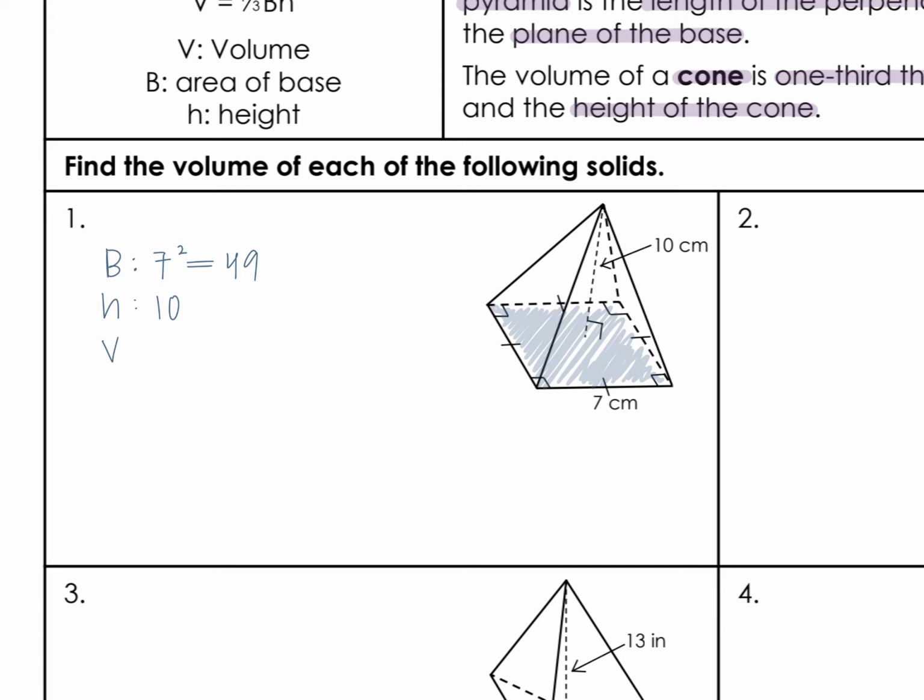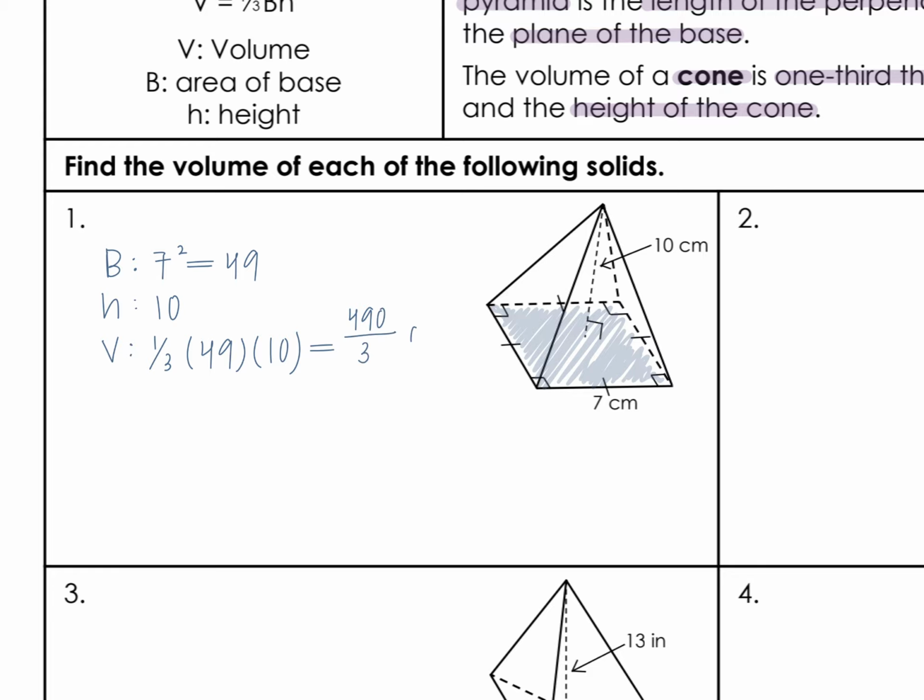So when I plug in to find the volume, I'm going to have 1/3 of my area of the base, 49, times my height of 10, which 49 times 10 is going to give me 490. And then we're just going to leave it over 3 because it's not going to reduce any.